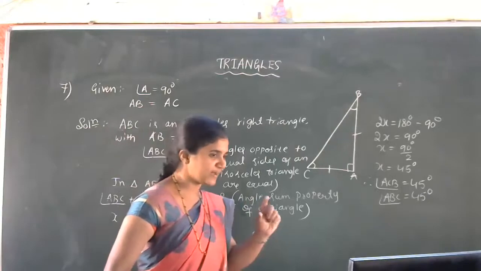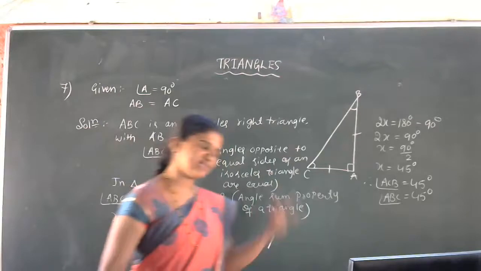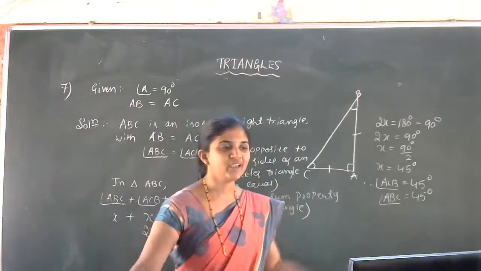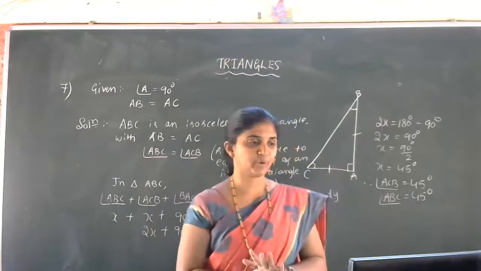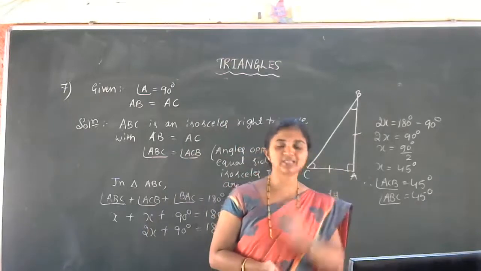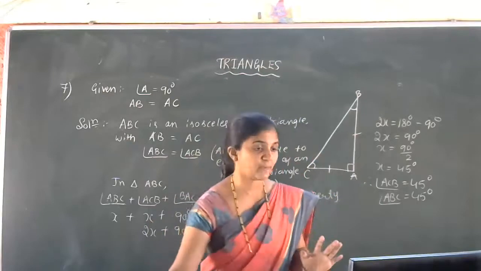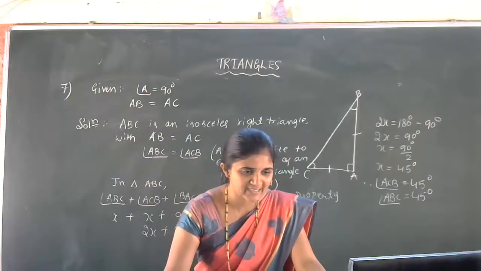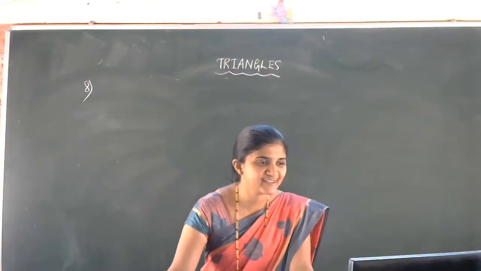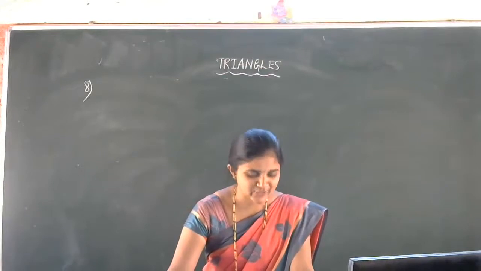Okay, what is the reason for that? Angles opposite to equal sides of an isosceles triangle are equal. Equilateral triangle in the sense this is an isosceles triangle also, no?